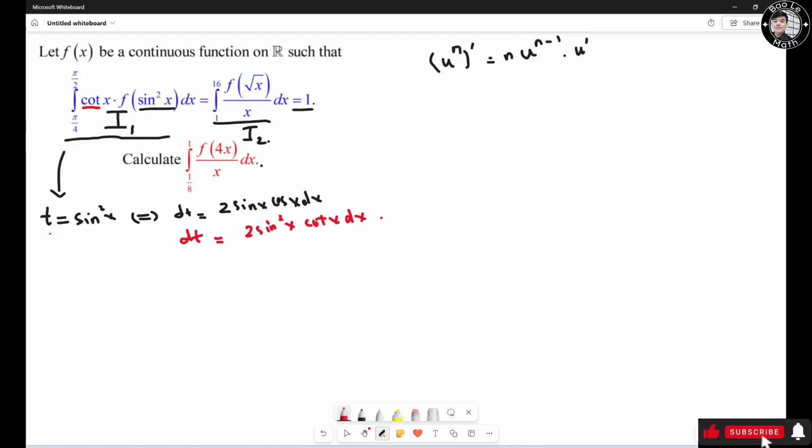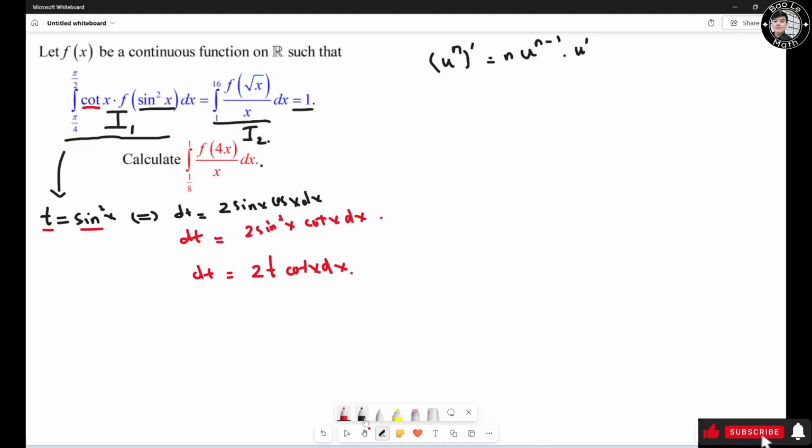Since t equals sine square of s, I just replace sine square of s with t, so dt equals 2t cotangent s ds.